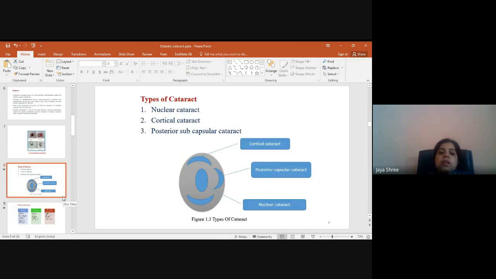There are three main types of cataract. When the opacification is in the nuclear part, it is known as nuclear cataract; when the opacification is around the cortical area, it is known as cortical cataract; and when the opacification starts from the back of the lens, it is known as posterior subcapsular cataract.